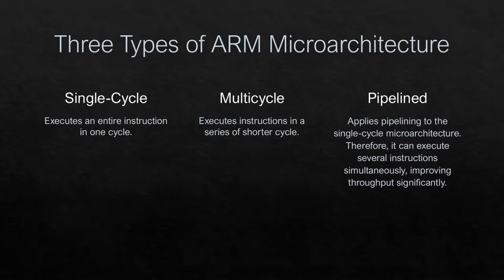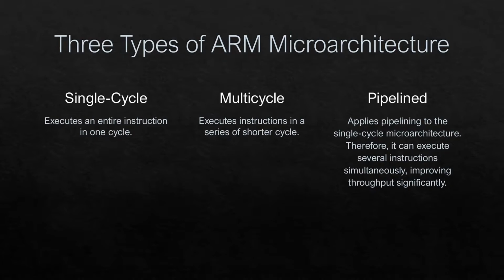Its advantage is that it is the simplest of the three ARM microarchitectures and has a single control unit. However, executing an entire instruction in one cycle could be problematic because the cycle time is limited by the slowest instruction. It's just like driving a Ferrari in heavy traffic.